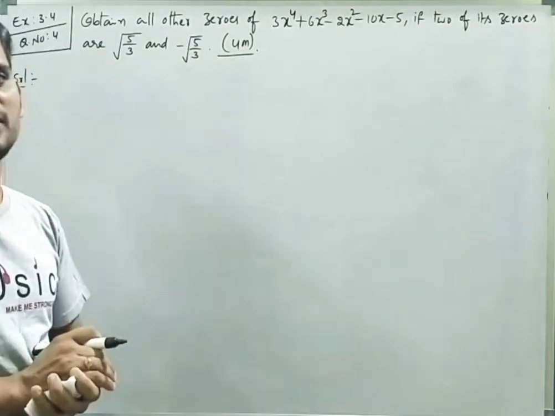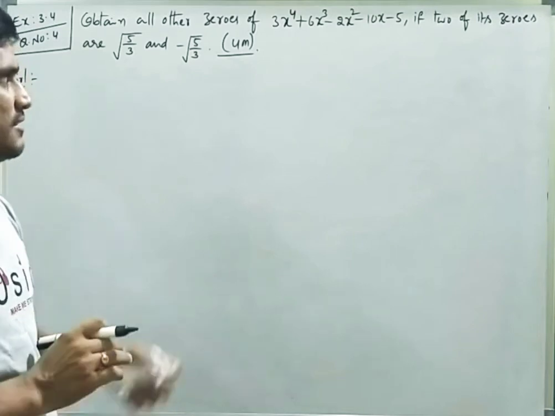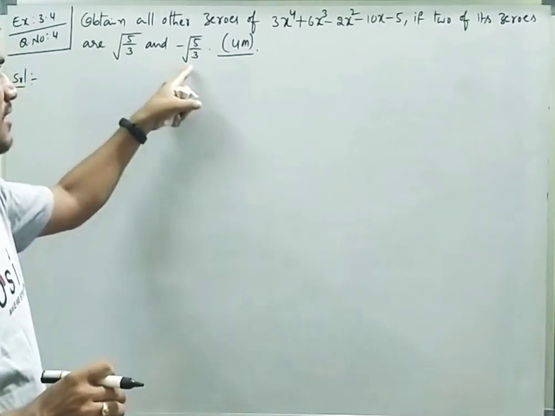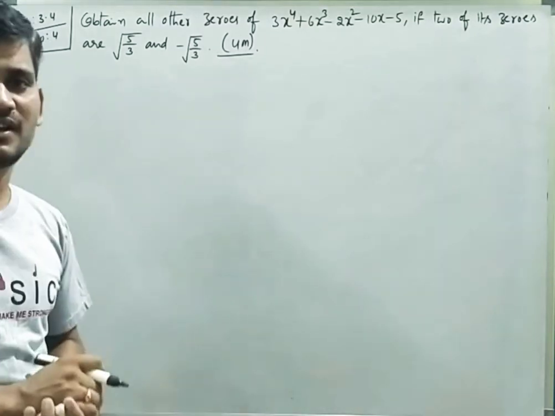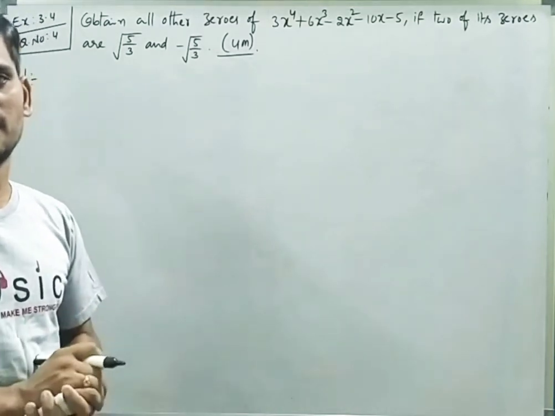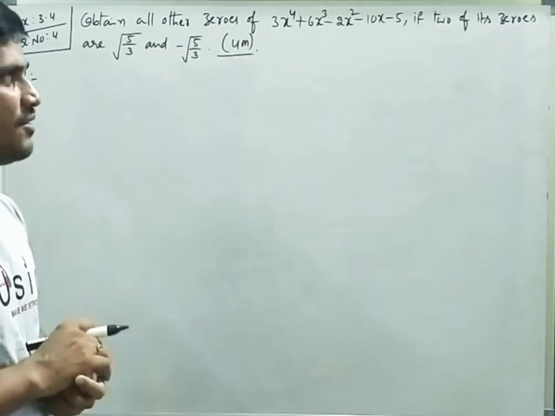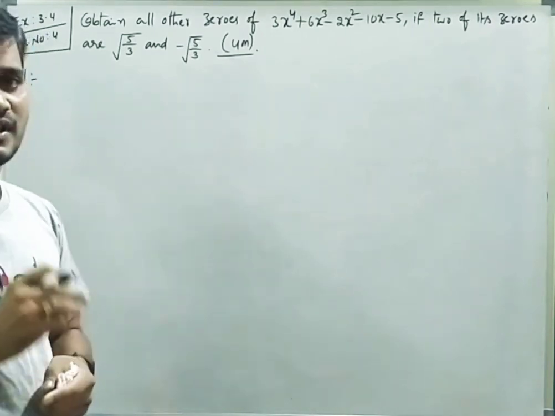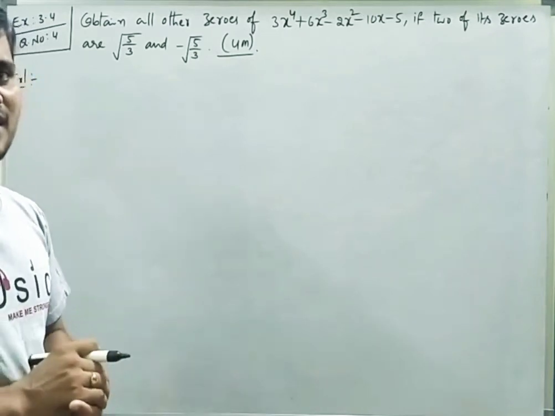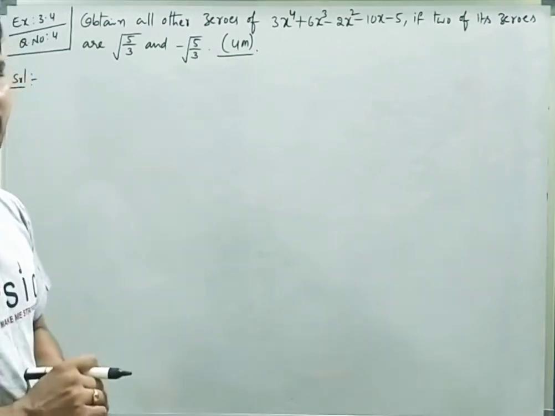Most students find this type of problem difficult because the zeros are irrational numbers. To solve this, we should have knowledge of the remainder theorem and also the division of polynomials. Let us see, I will explain everything.